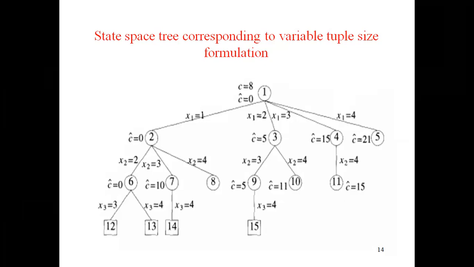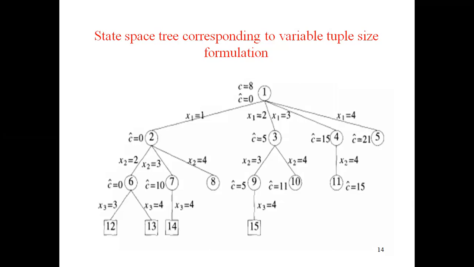So instead, live nodes with C cap of x greater than upper can be killed when they are about to become E nodes.